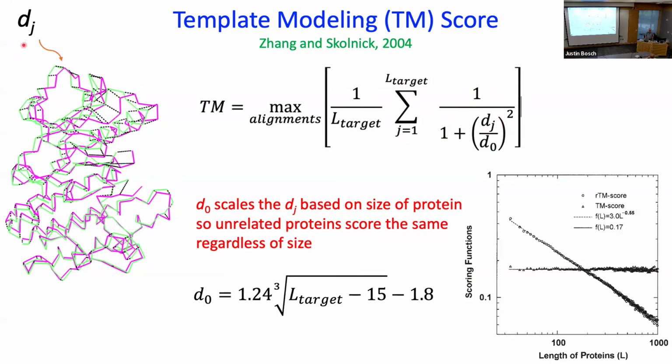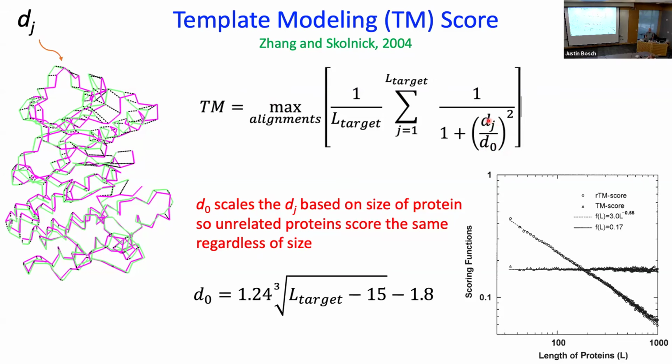If I have a very good model of the protein, where all of the distances between 1 to 1, 2 to 2 are 0.1 angstrom, a really good model. Let's call d0 1, it doesn't matter what d0 is, it's constant. This number is 0.1.